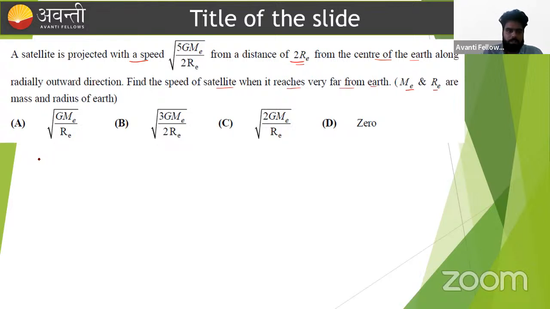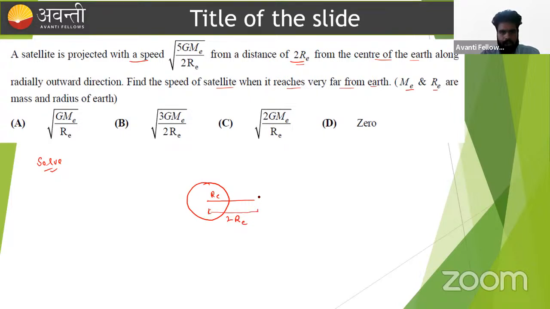But what is the concept? Simply, we apply conservation of mechanical energy and we can find the speed. If this is our Earth surface, and a satellite is projected from a distance 2 RE, so this distance is 2 RE.